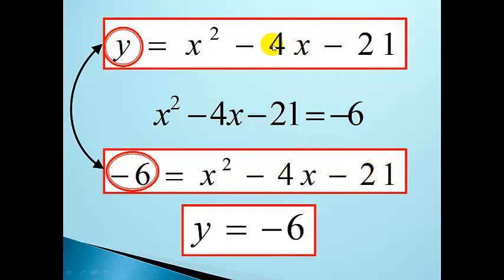Now, when we compare the relation and the question that you were given to solve, which we manipulated, we can see that x squared is the same x squared here with the same coefficients. Minus 4x is the same minus 4x here. Minus 21 is also now equal to the minus 21 here. So when we compare, you realize that y is equal to minus 6.